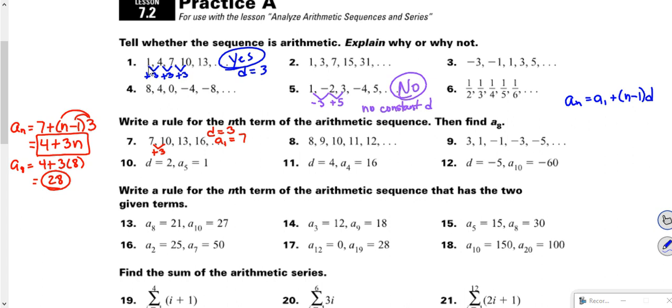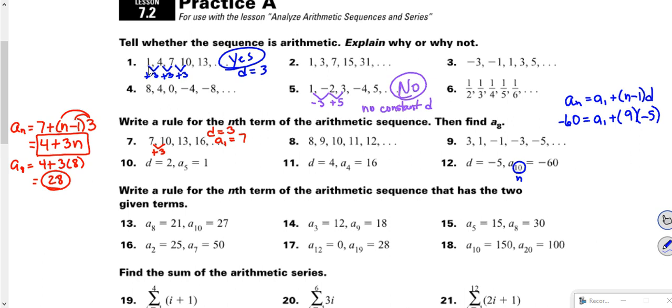Okay, so my A sub n is going to be A sub 10. So I'm going to put in -60 equals A sub 1 plus 10 minus 1, which should be 9, times my D, which is -5. Remember, the 10 is my n.